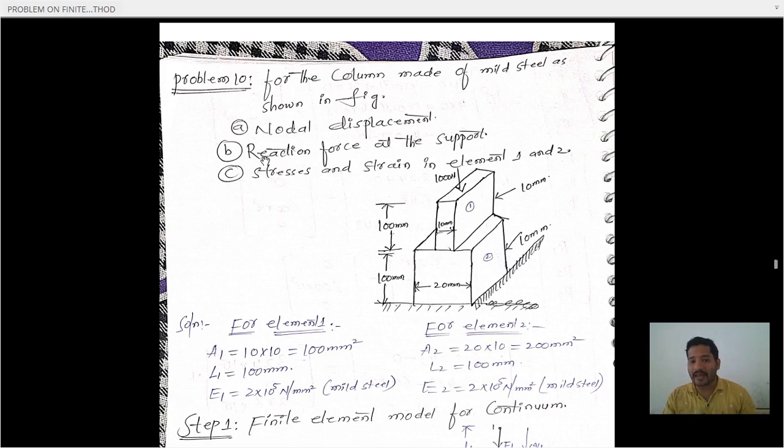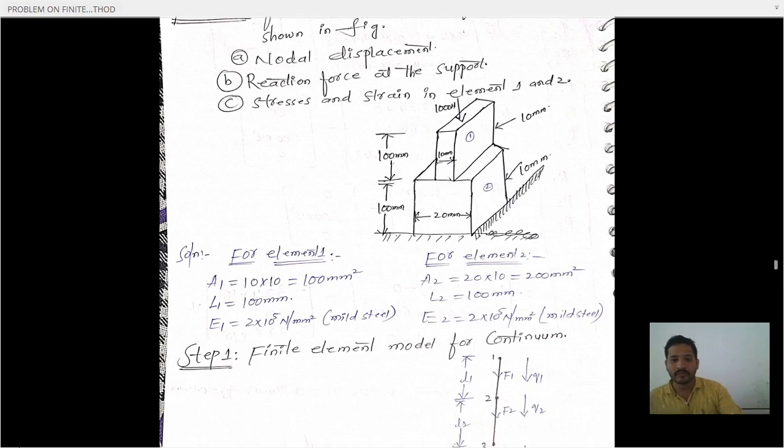This means we need to find out the reactions R1, R2, R3, as well as, in the third condition, the stress and strain for the first element and second element. This is the first element and this is the second element.